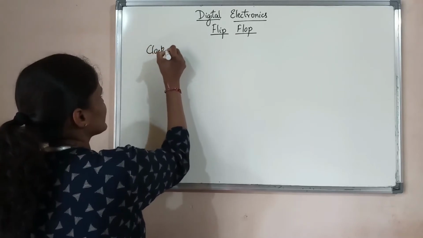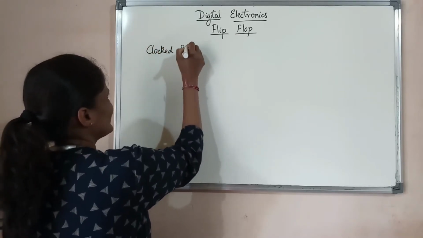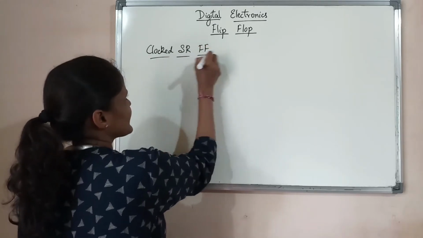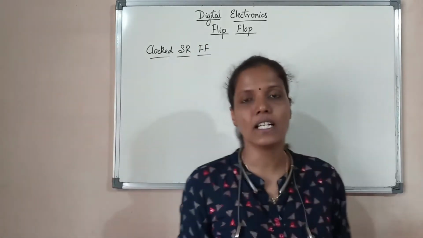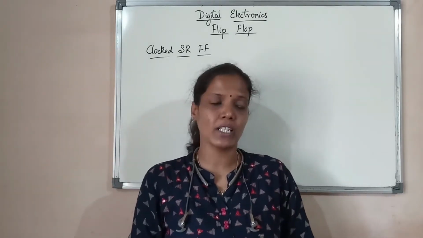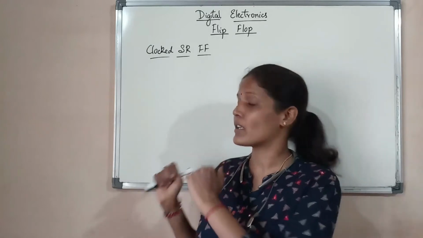What is this clocked SR flip-flop? What do S and R stand for in this flip-flop? S stands for set condition, R stands for reset condition. So what is the difference between unclocked SR flip-flop and clocked SR flip-flop?